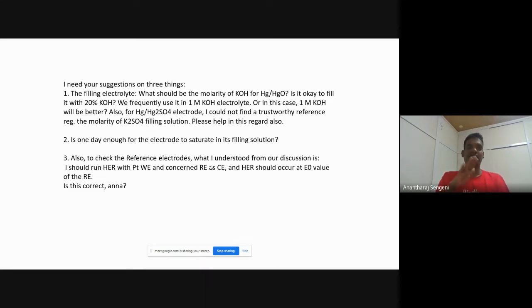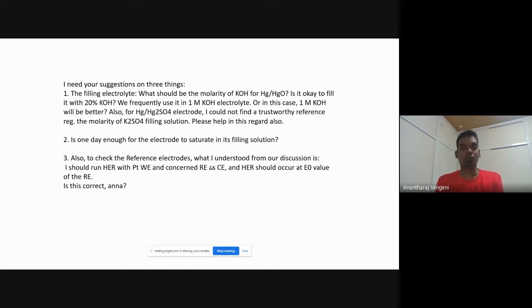Because of the pH difference between the KOH in the reference electrode and the KOH in the cell, there will be a concentration difference, and that will lead to an interface formation. There will be a potential difference, and that will also affect your measurement. So always ensure that the same concentration of KOH is kept in both the electrochemical cell and the reference electrode compartment.